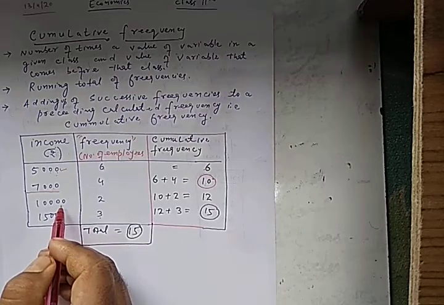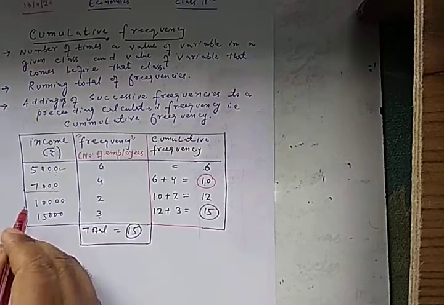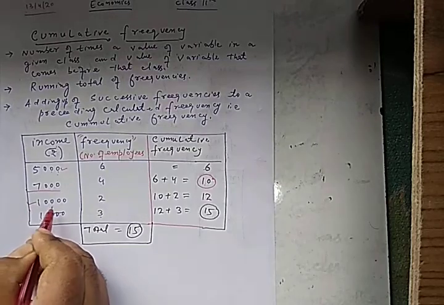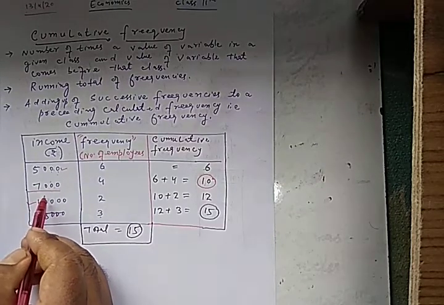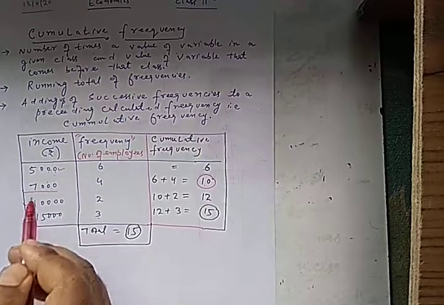Similarly, this cumulative frequency, which is equal to 12, shows the number of times a value of the variable repeats in a given class. Now 10,000 becomes the given class, and these are the classes that come before this given class.